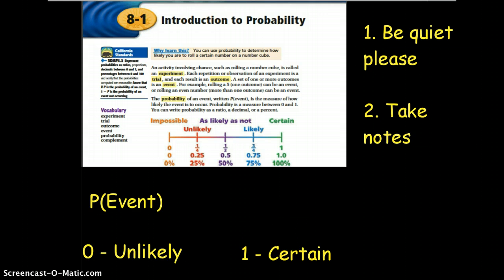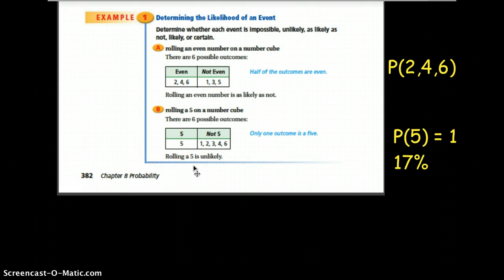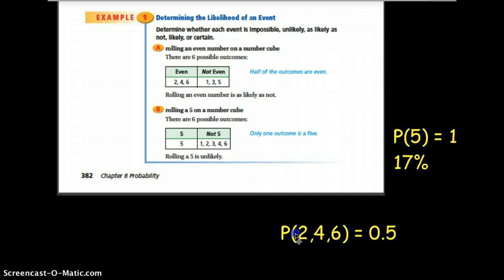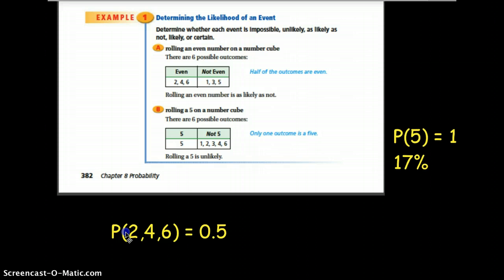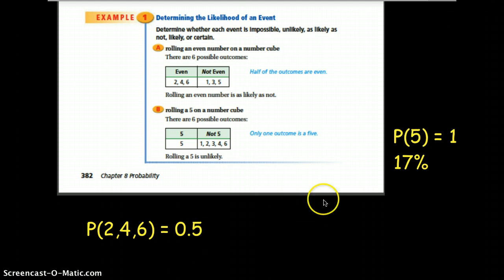If you look at the bottom of your notes, they use an example of rolling a cube, a die. I put the shorthand here off to the right. For event A, the probability of rolling a 2, 4, or 6 is 0.5, which could be represented as 1/2, which could be represented as 50%.